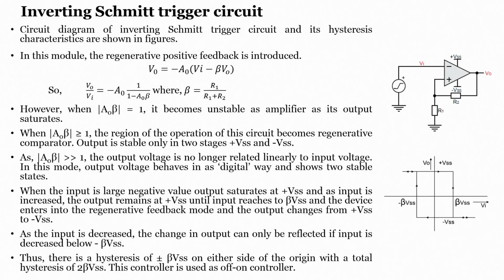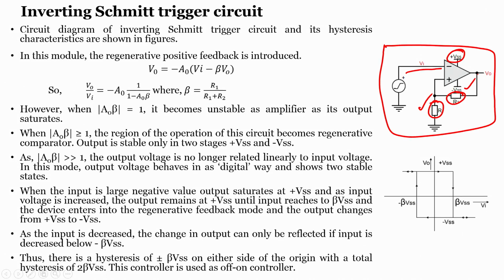As we know, the op amp output voltage V naught can be written as minus A naught into Vi minus beta into V naught, where beta is nothing but R1 divided by R1 plus R2. So the value of beta depends upon the resistors R1 and R2 that we choose. The values of R1 and R2 are responsible for deciding what thresholds are used for your circuit.